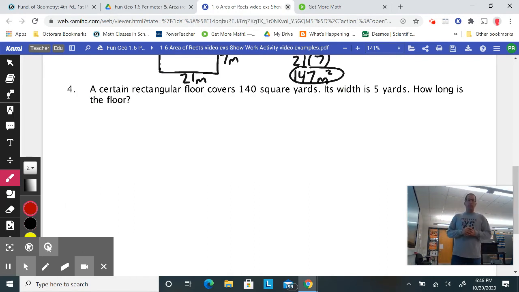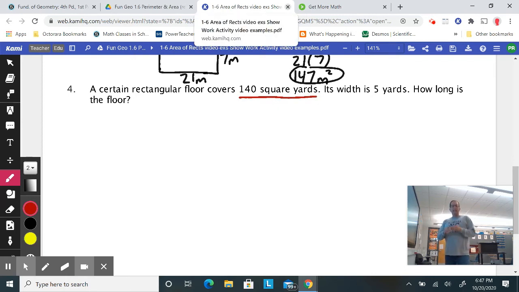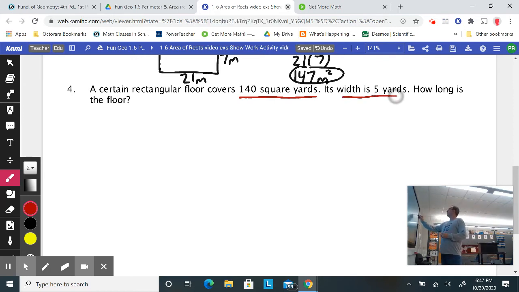All right, in number 4, a certain rectangular floor covers 140 square yards. So it's covering 140 square yards. It says square yards. We already know the area. It tells you the area. Its width is 5. How long is the floor?